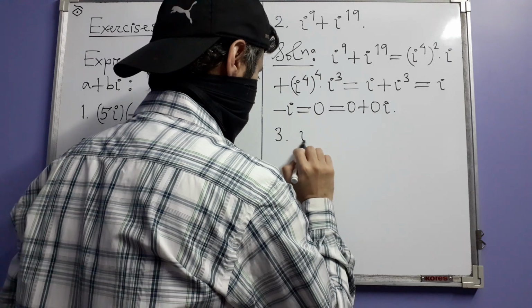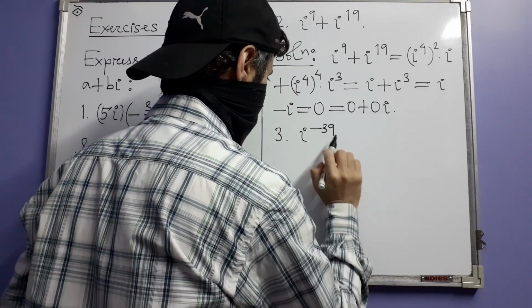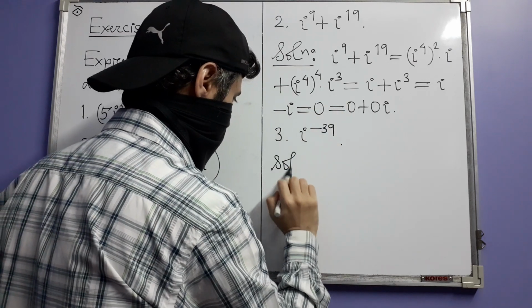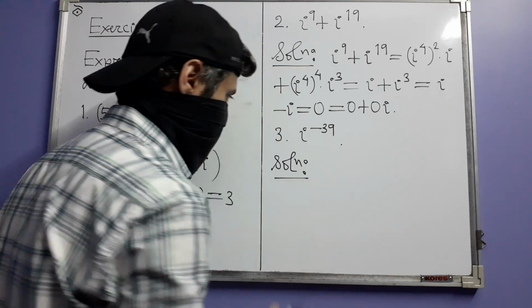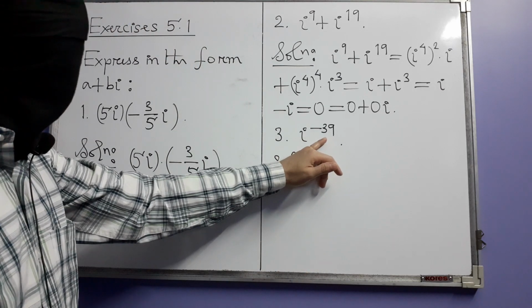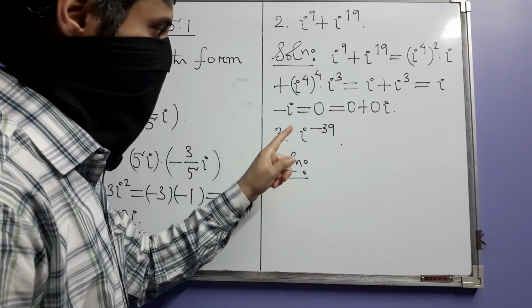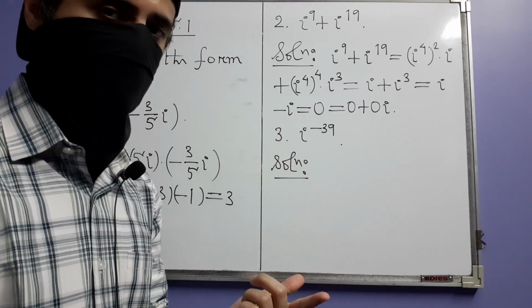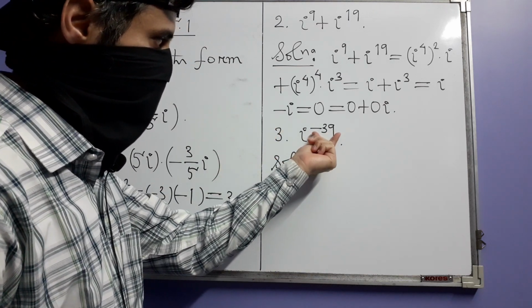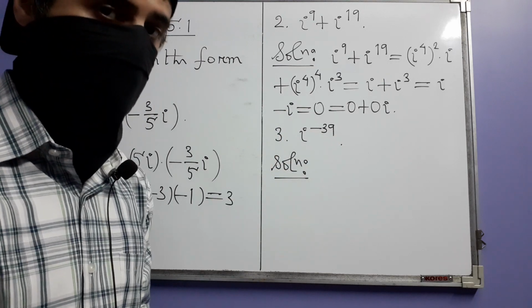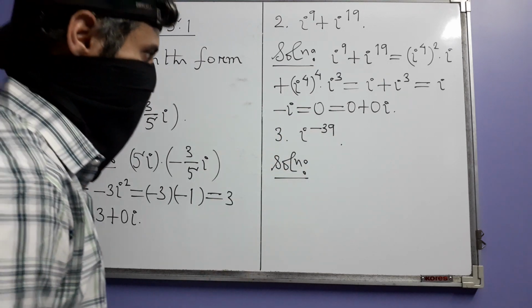i to the power minus 39. What is the largest, I should not perhaps say largest, but what is that multiple of 4 which goes the closest to 39? 40, because 4 times 10 is 40.